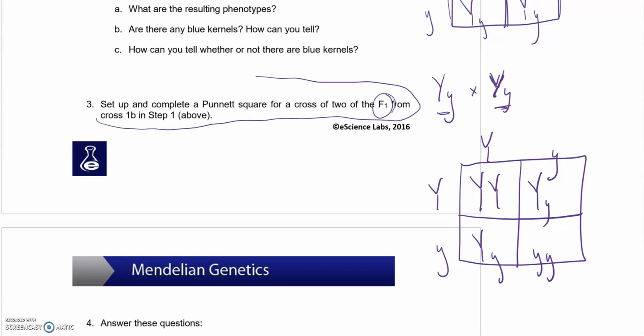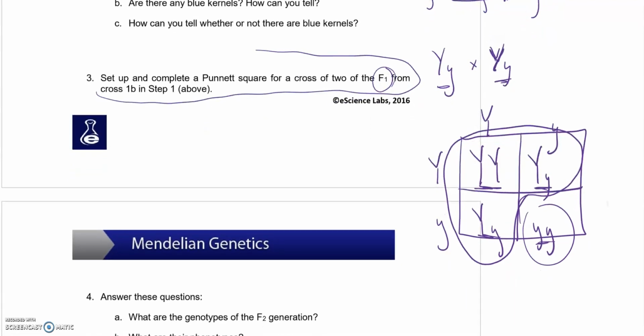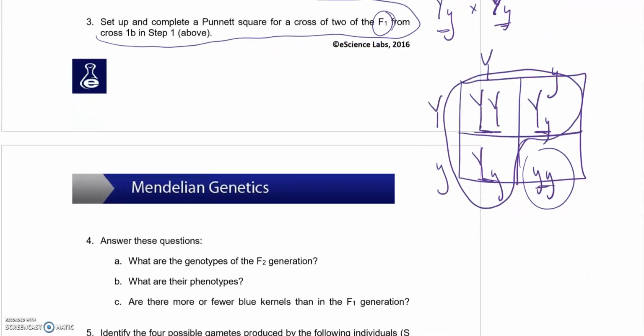And we see that the genotypic ratio is 1 homozygous dominant, 2 heterozygous, and 1 homozygous recessive. Our phenotypic ratio would be 3 yellow kernelled, right? Phenotypically you wouldn't see the difference between these, and 1 blue kernelled offspring, or 75%, 25%.